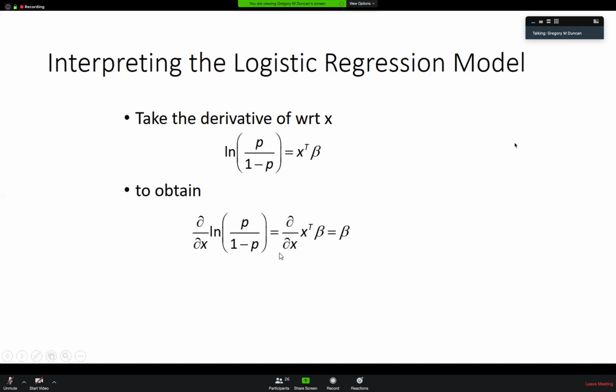Take the derivative of that with respect to x, and we get our betas. And so what do our betas tell us? Remember that the derivative of a log is a percent. So this is going to be the percentage change in the odds for a change in x. So that's a way to interpret this.